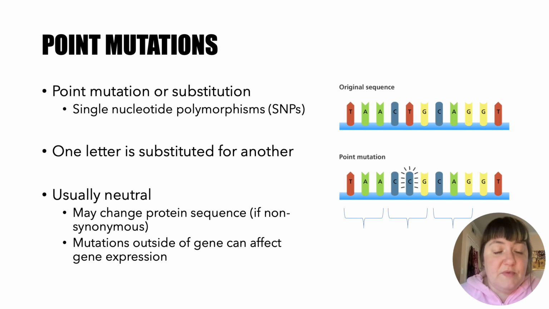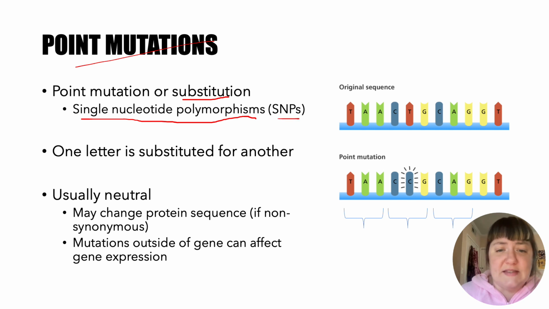The types of mutations that create those non-synonymous and synonymous mutations are called point mutations. They're also called substitutions sometimes, and you'll also hear them referred to as single nucleotide polymorphisms, or SNPs. This is what those 23andMe or Ancestry.com DNA kits test in humans: they look for these single nucleotide polymorphisms and then compare them to different ancestry to figure out where your ancestors came from.